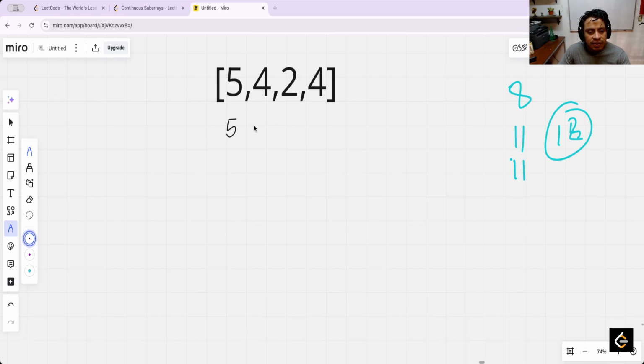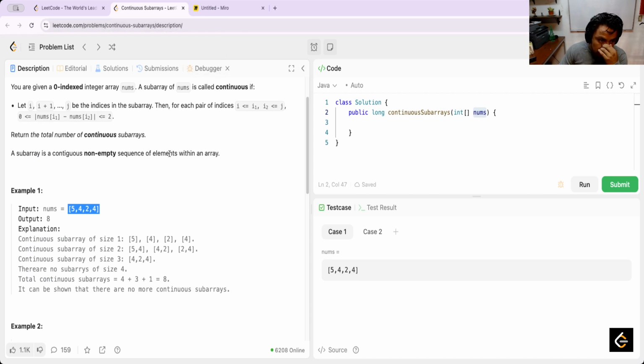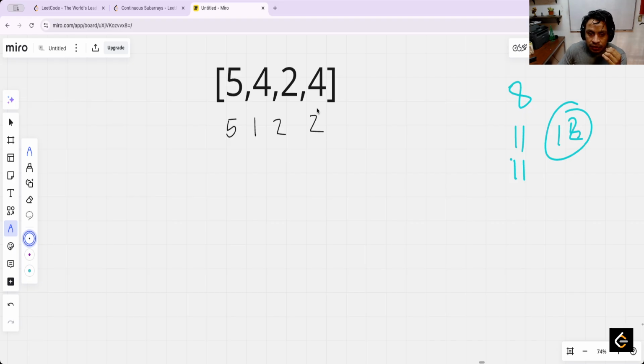Between this and this is 1. The difference between 4 and 2 is 2. Difference between 2 and 4 is another 2. Okay. But I forget that the size should be greater, or the result n should be greater or equal 0 and n should be less or equal 2.